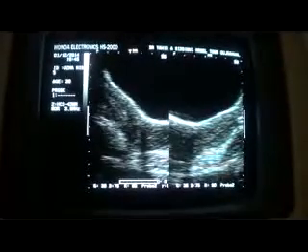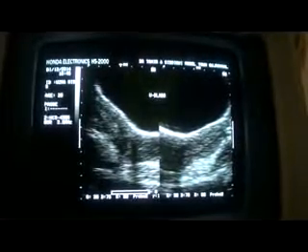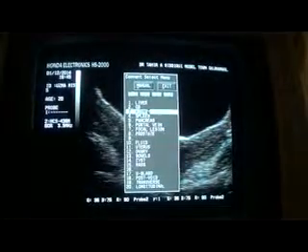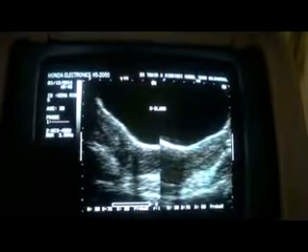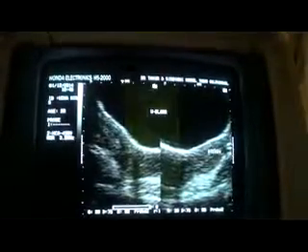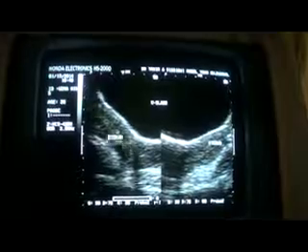Now let's measure it again. This is the uterus, urinary bladder. This is the uterus on the left side, this one. This is the uterus on the right side, this area.